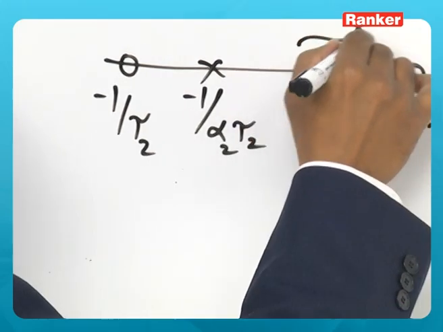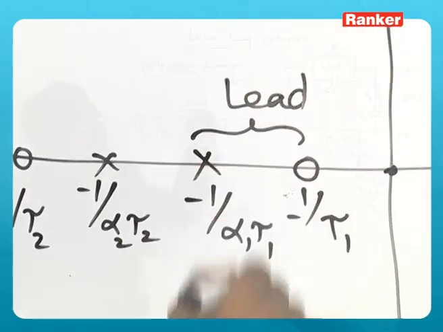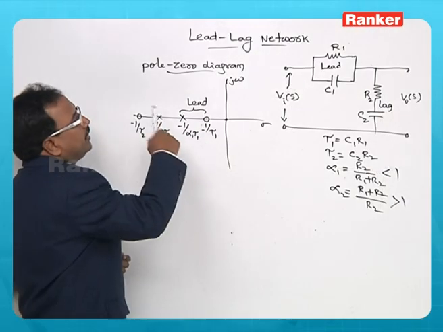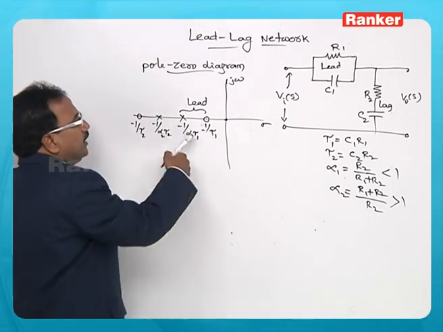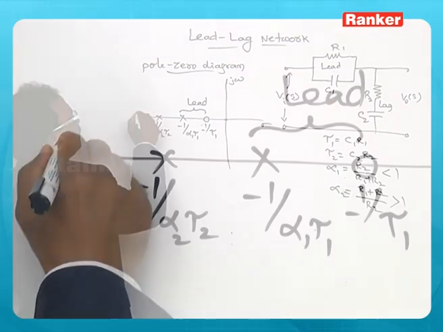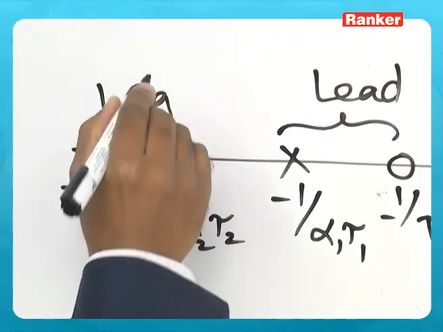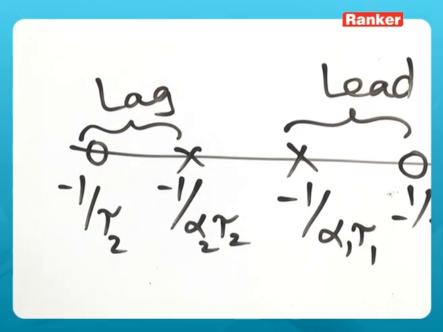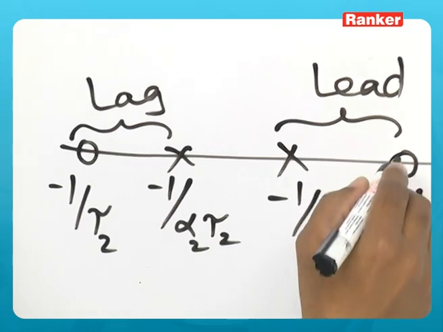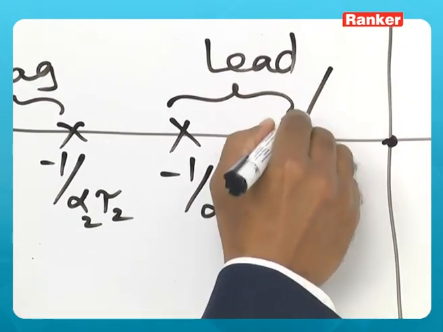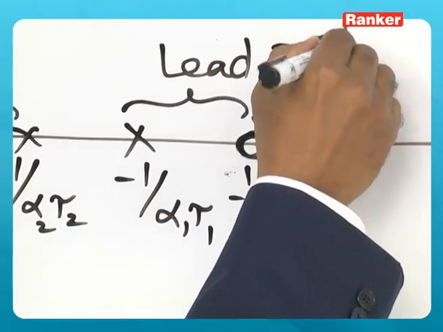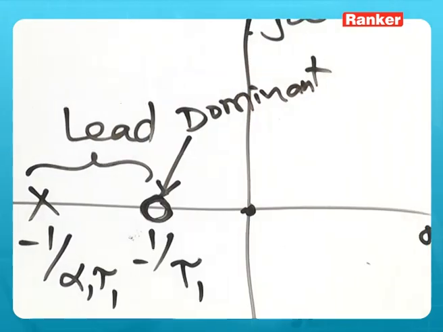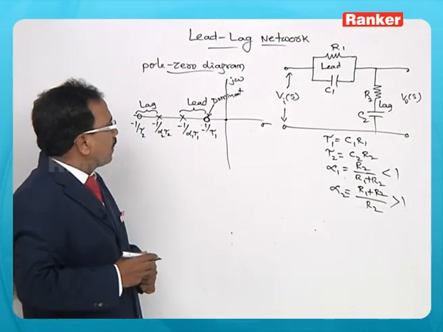So this part of the network is lead. You can see that it is a lead lag network. Lead comes first and lag comes later, you can remember it that way. And in the case of the lead network, the zero is dominant.